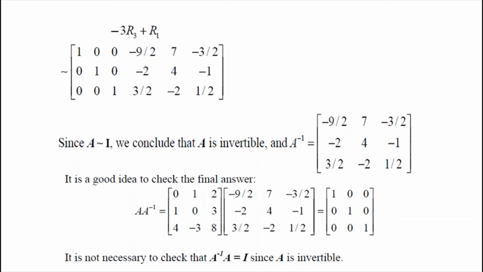We can check that the inverse we have calculated gives the identity matrix when we take the product of A with A inverse or A inverse with A. Hence A is invertible. Thank you very much.